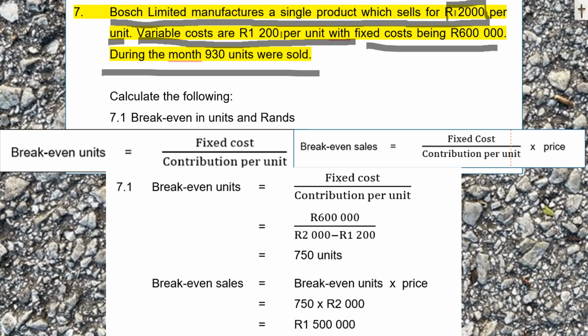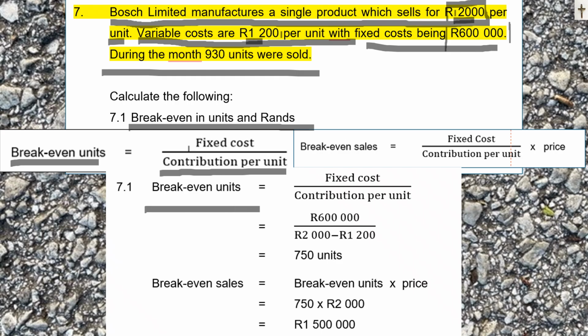So they say calculate the break-even in units and rands. The break-even in units is the fixed cost of 600,000 divided by the contribution per unit, which was 2,000 minus 1,200. So the break-even units is the fixed cost divided by the contribution per unit.